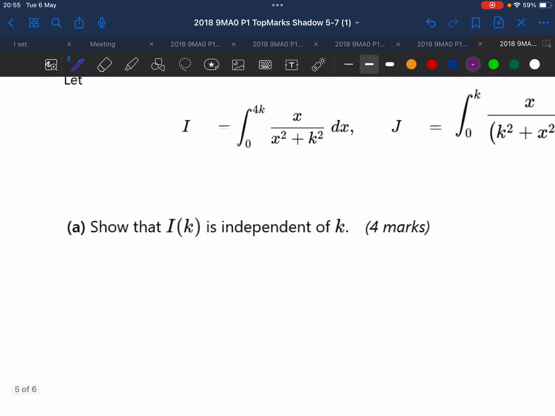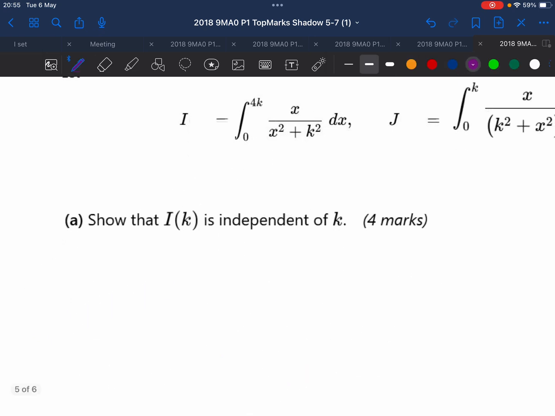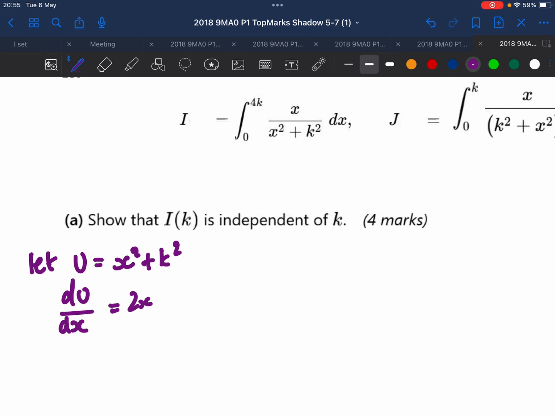So we're going to do everything formally now, but let's work through that case. Let u equal x squared plus k squared, du over dx equals 2x, and let's sub those results in straight away. So I would then get from 4k to 0, x over the u, which is the bit I've just substituted in there.